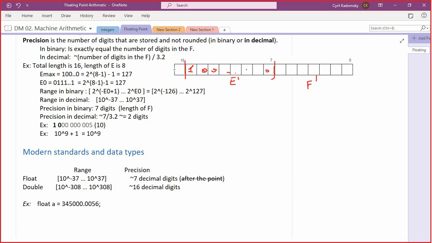In binary representation, of course, it will be normalized. The exponent will be stored here, the fractional part here, and the precision is 7 digits.